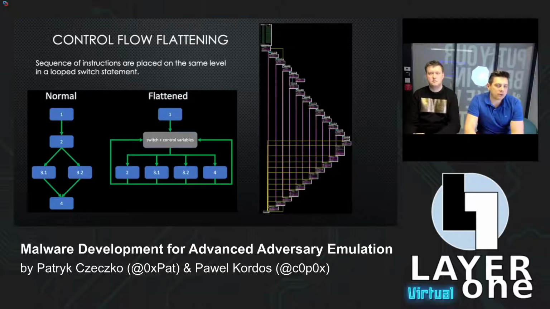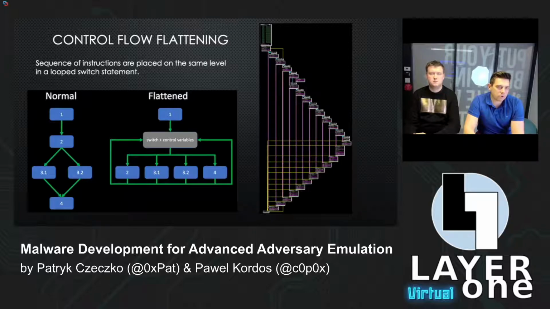And the third thing is control flow flattening. So consider some algorithm with specific steps, and then we destroy this sequence of instructions and place everything at the same level, and actually the execution is controlled by a switch statement with some control variables.